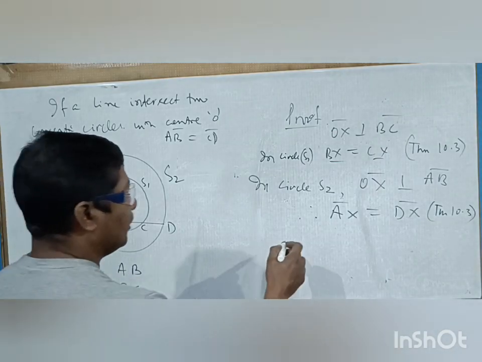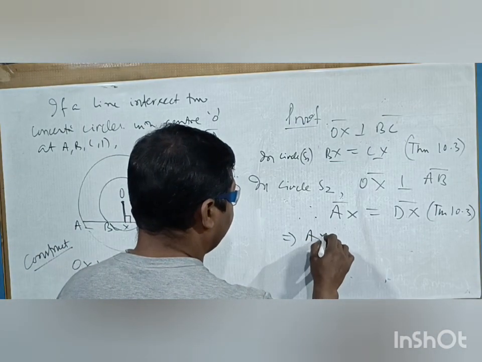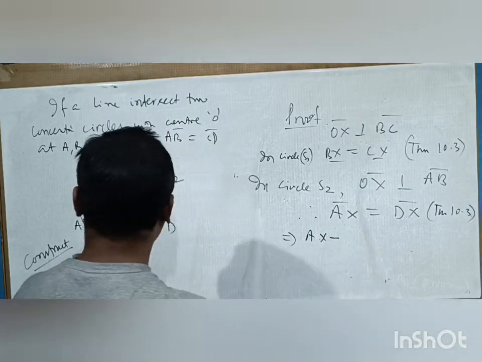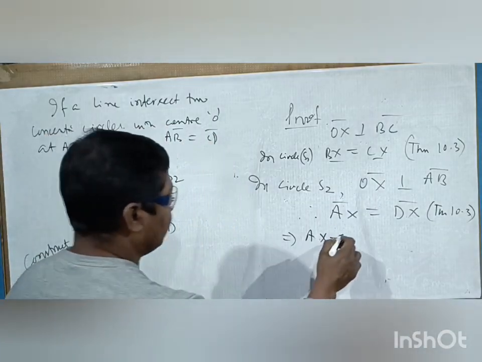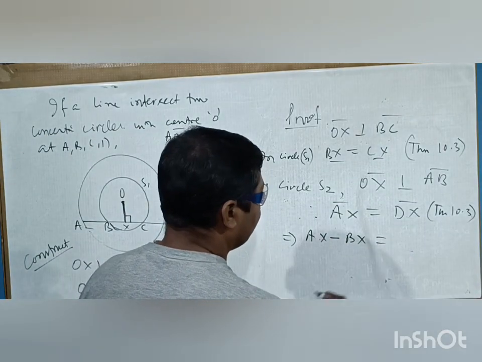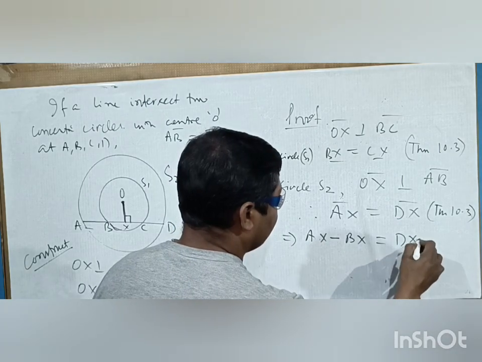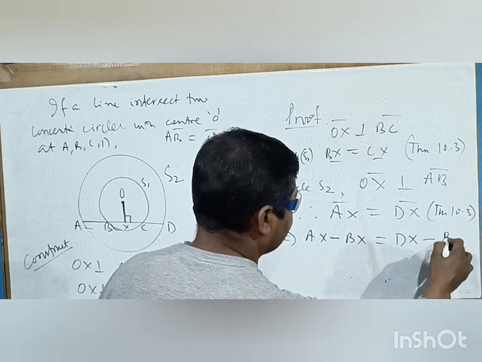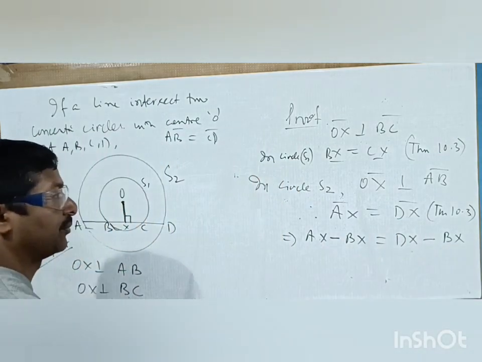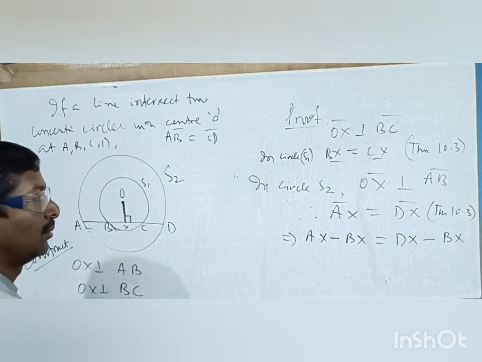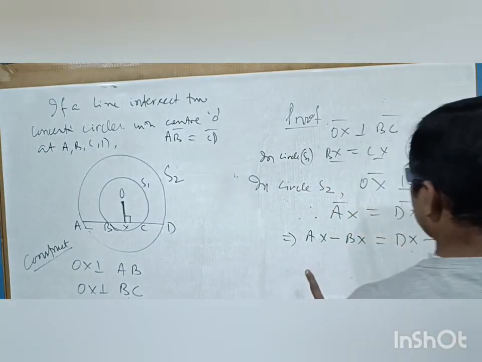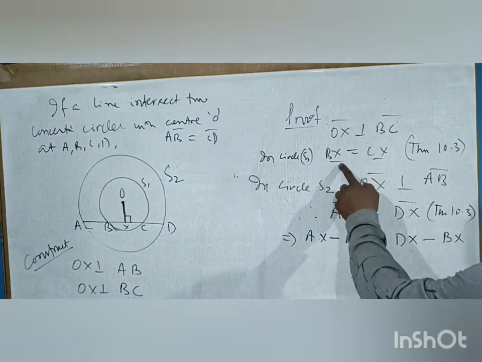So AX minus BX equals DX minus CX. In place of BX, can I write CX?